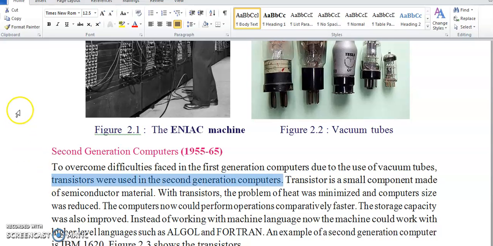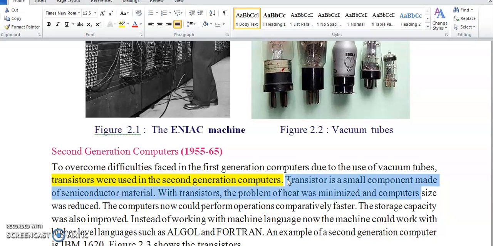First generation computers use vacuum tubes. Second generation computers use transistors. What is a transistor? A transistor is a small component made of semiconductor material. With transistors, the problem of heat was minimized and computer size was reduced.